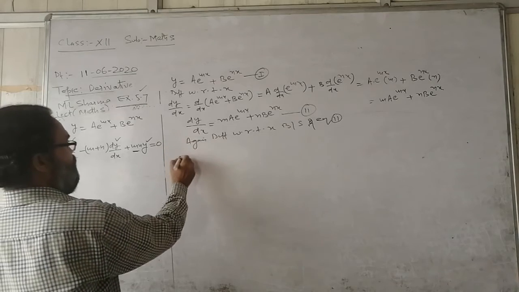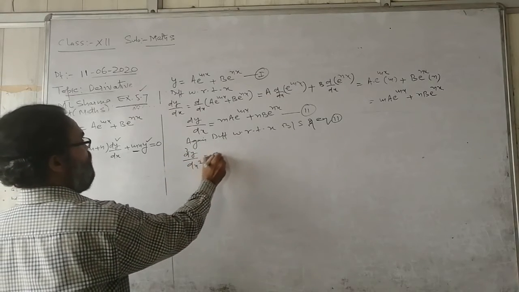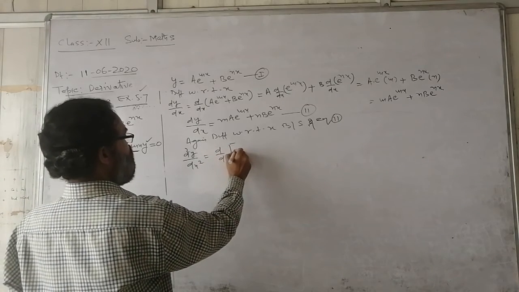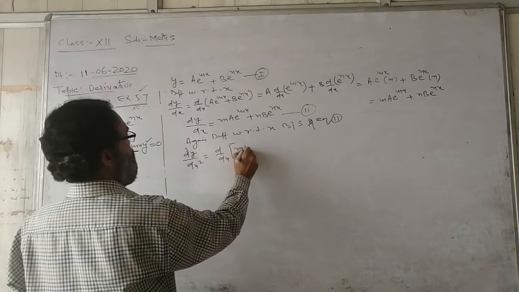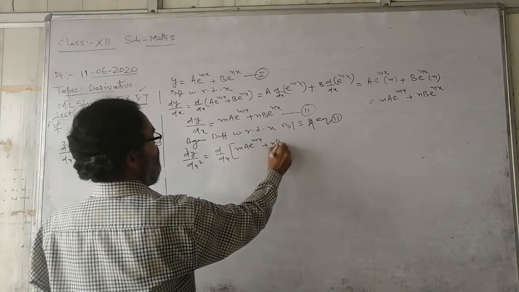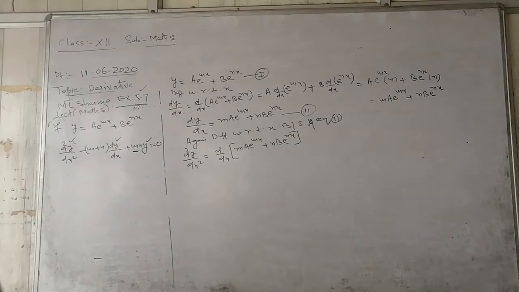So d²y/dx² equals d/dx of m a e^(mx) plus n b e^(nx).